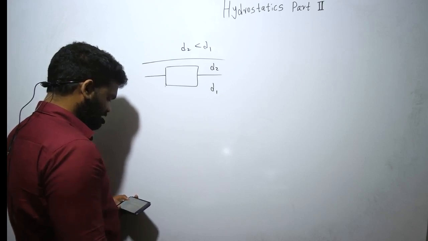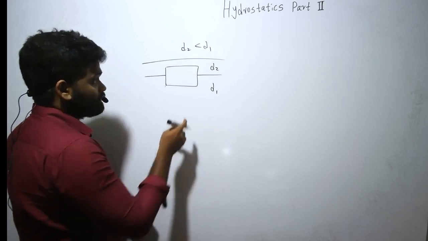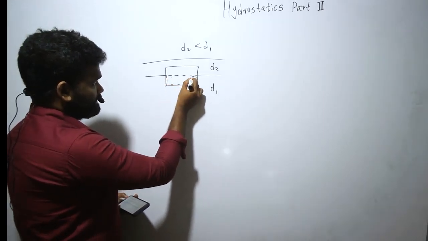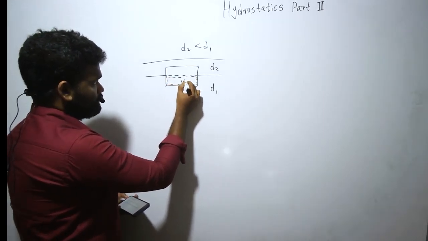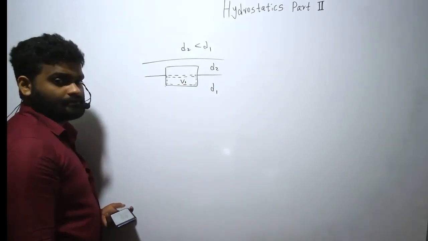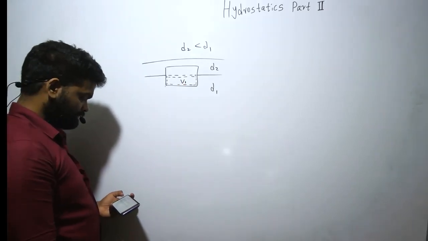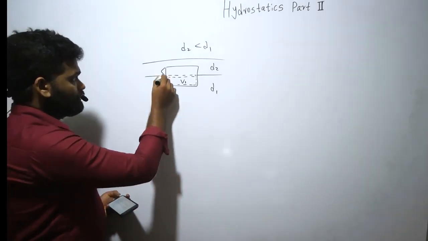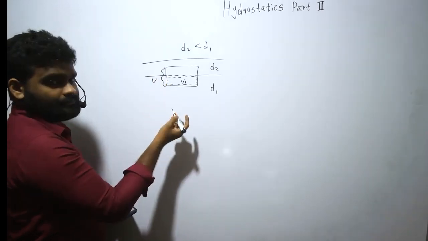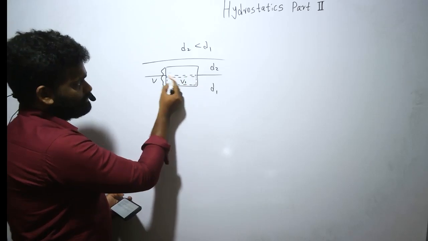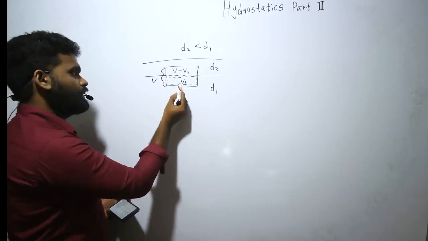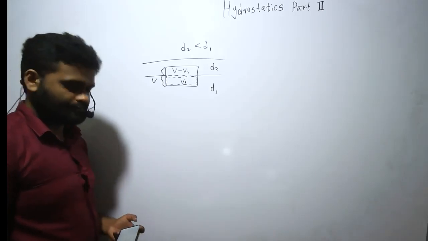The volume of the object that is in the liquid with density D1, so what they ask is the volume here. Let's say that is V1. The volume of the total object is given as V, and you can see this volume is V minus V1.